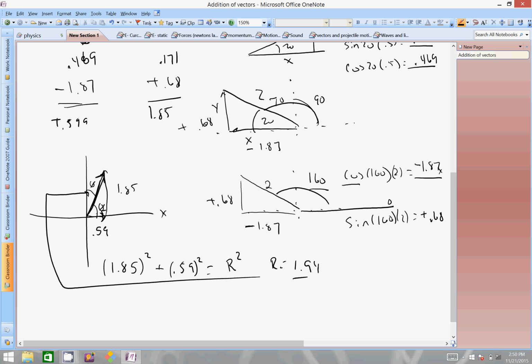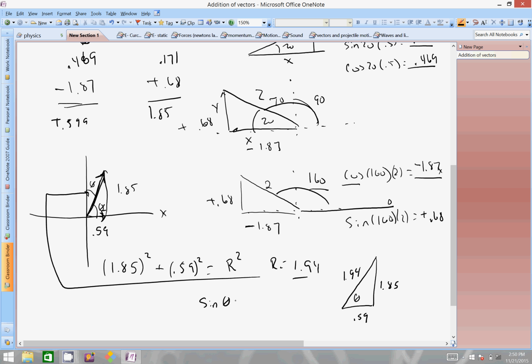Now I want to find that angle. Generally we give the shorter of the two angles, but I'm just going to go with my inside one. It doesn't really matter. You can flip it to the other side very easily. This is 1.85. This is 0.59. And this is going to be 1.94. So any of the trig functions you could use. Let's go with the sine function.